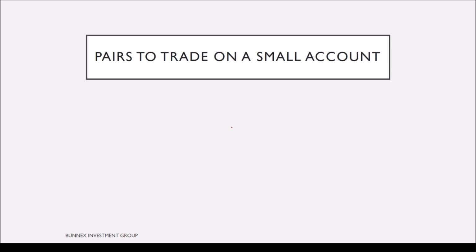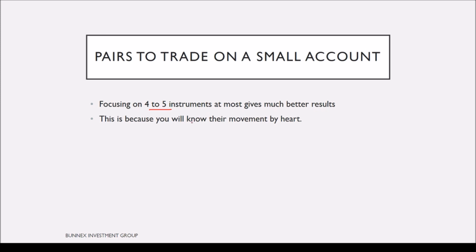Here are the pairs to trade on a small trading account. Focusing on 4 to 5 instruments at most gives much better results. This is because you'll be able to know their movement by heart. As the old saying says, focus on one thing and the magic will come into play.